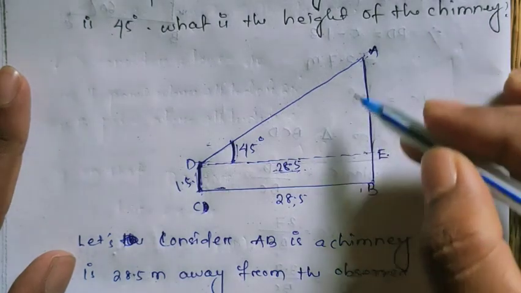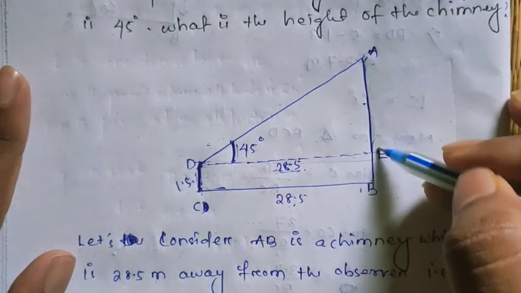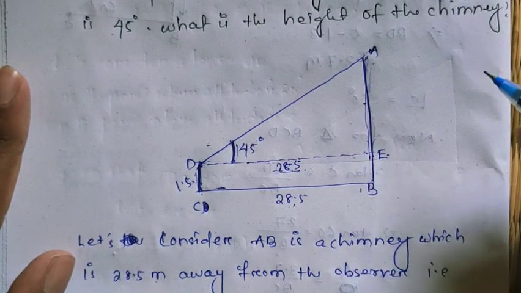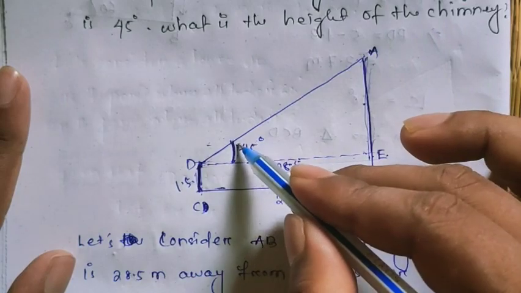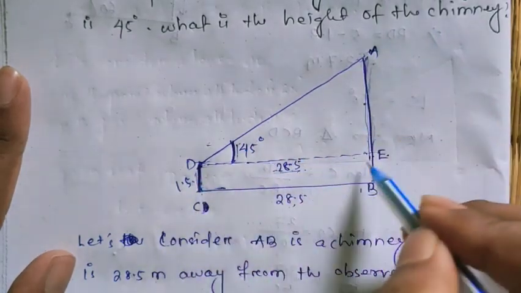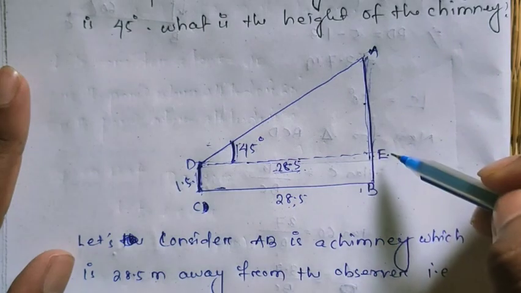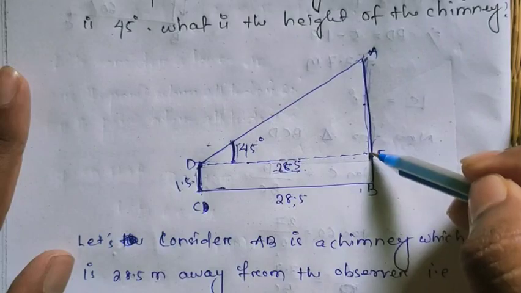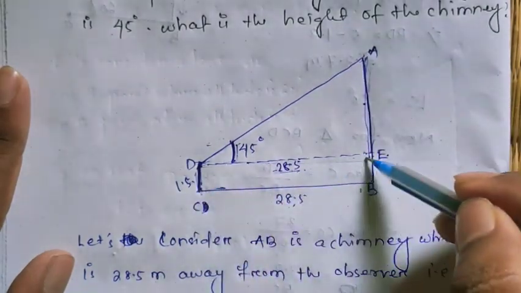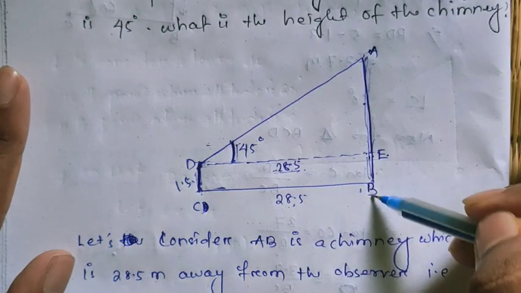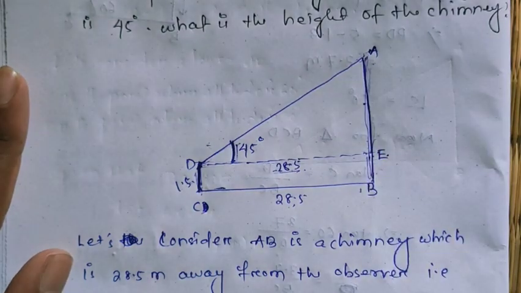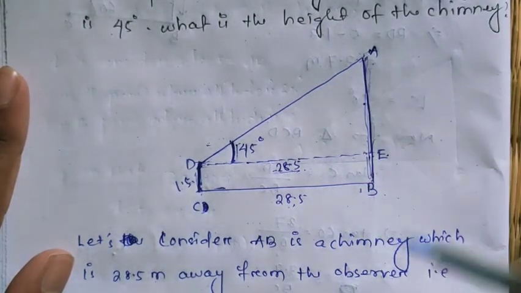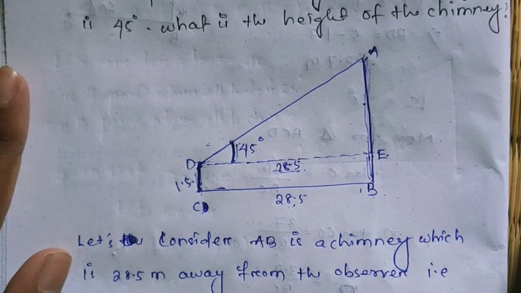So if I can find AE, then I can calculate AB. Putting tan 45 is equal to AE by DE, I can get AE is equal to 28.5 by solving. And DC is equal to EB. That's why AB will be AE plus EB, that is 28.5 plus 1.5, that will be 30. So the length of the chimney will be 30.